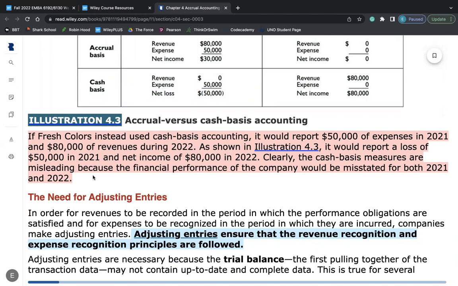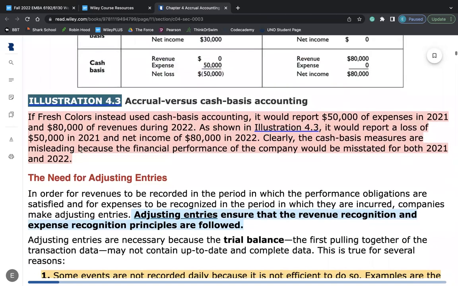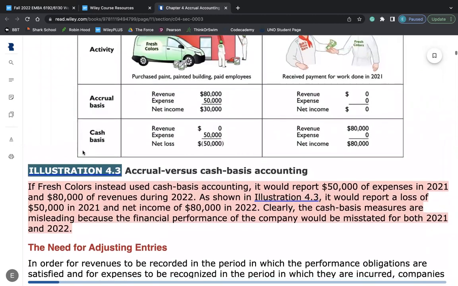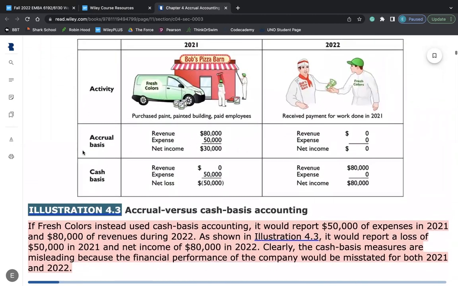As shown in illustration 4.3, it will report a loss of $50,000 in 2021 and a net income of $80,000 in 2022. Why does this happen? Because under the cash basis, we expense when cash is paid, and we recognize revenue when cash is taken in.